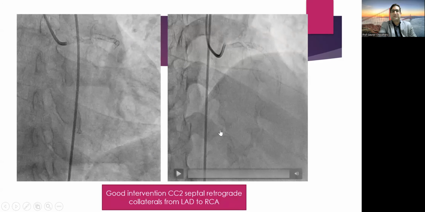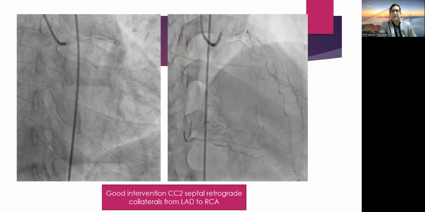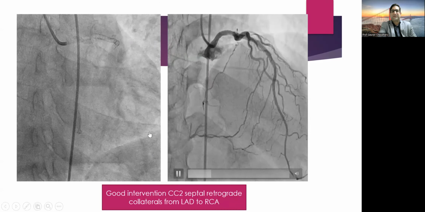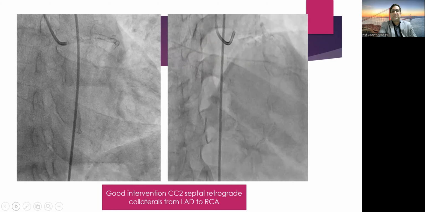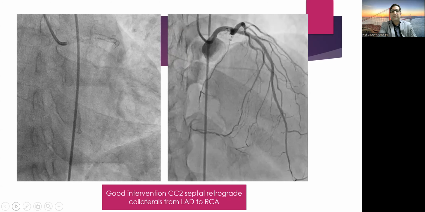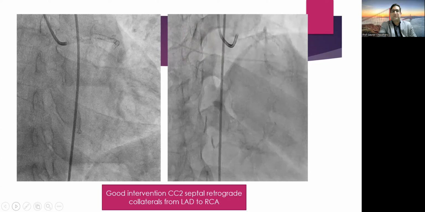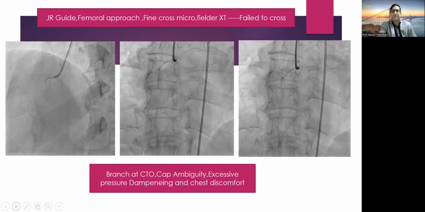Although the collateral is good, it is coming mainly from behind the stent, so it is called a jailed septal collateral. But the lumen is good, although a bit angulated in the mid to distal part. They are good continuous collaterals, CC2 Werner collateral.